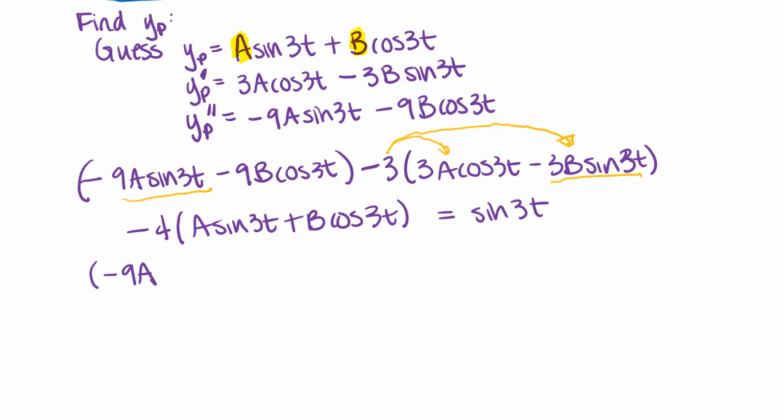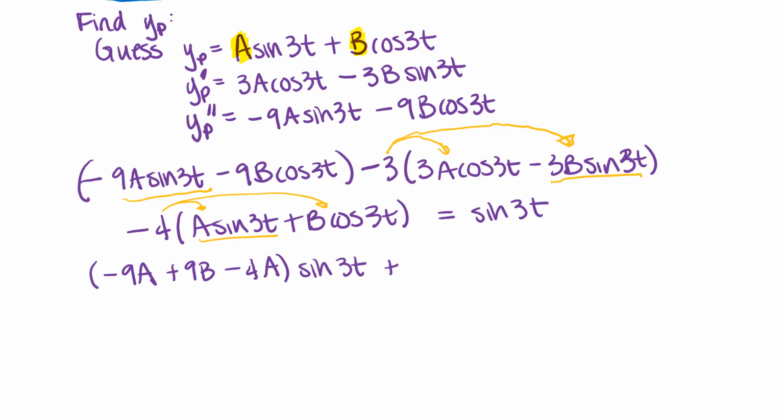So I'm going to just keep track of that though. So I have a minus 3 times a minus 3b, so that'll be a plus 9b. And then another sine 3t term here, and again I have to distribute through my minus 4 to both of those terms, so that'll be a minus 4a. And that's it for coefficients for my sine 3t terms.